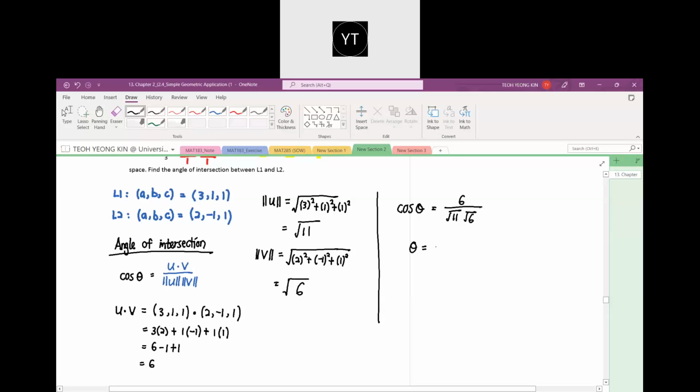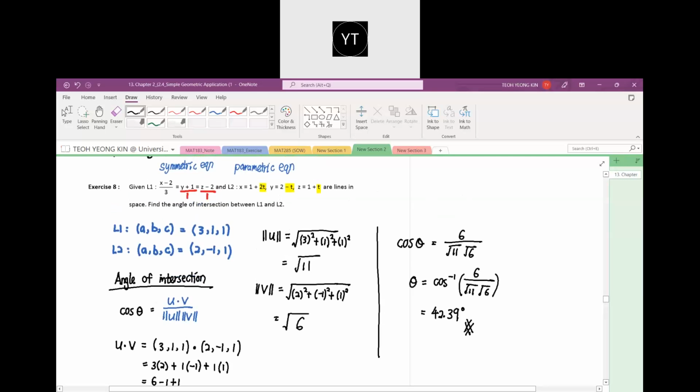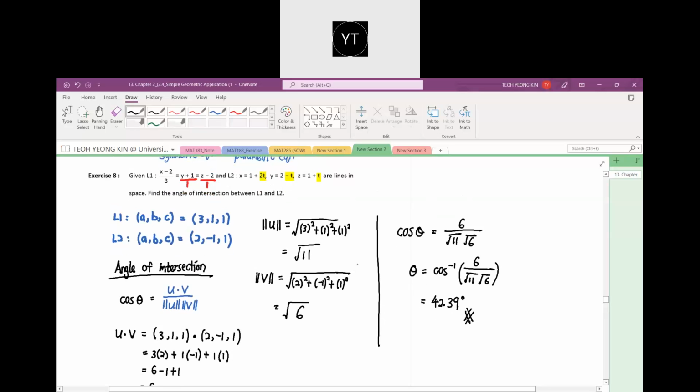So theta is equal to cos inverse of 6 over square root of 11 times square root of 6. From here, you should compute square root of 11 times square root of 6, and then 6 divided by the answer, and then shift cos of the answer. You should get 42.39 degrees. So this is the answer for the angle of intersection for line 1 and line 2 in exercise 8.